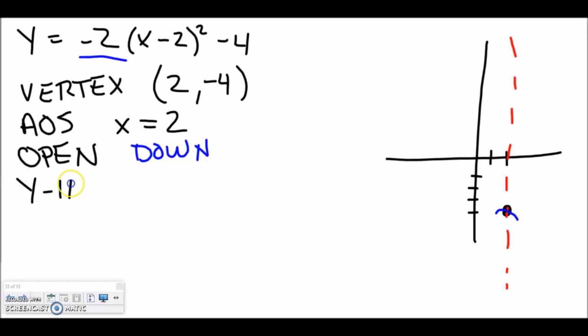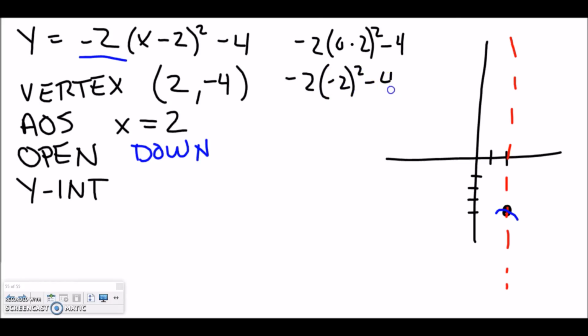Next, we want to know the y-intercept, and to do that, we let x equal 0. So -2 times (0 minus 2) squared minus 4. That's -2 times (-2) squared minus 4. That's -2 times 4 minus 4.